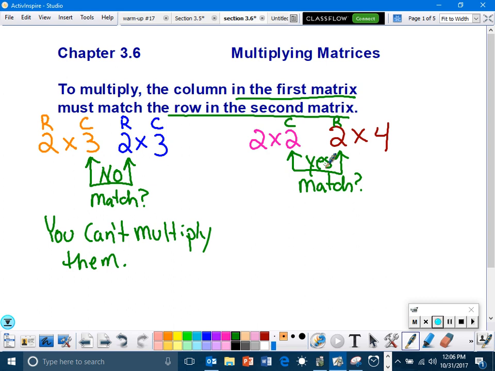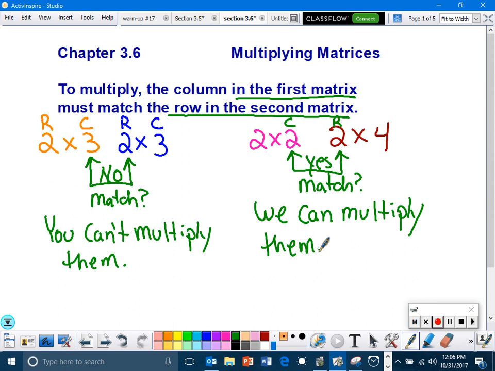Yes, they do match. That means we can multiply them. So, you've got to watch out for that. It's not the exact same rule as when we added or subtracted.